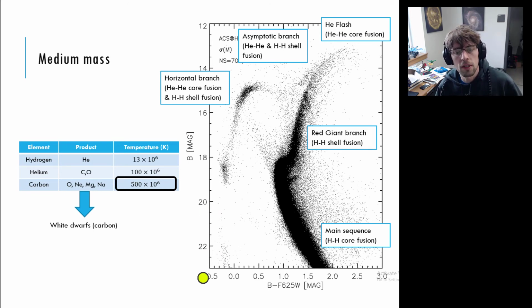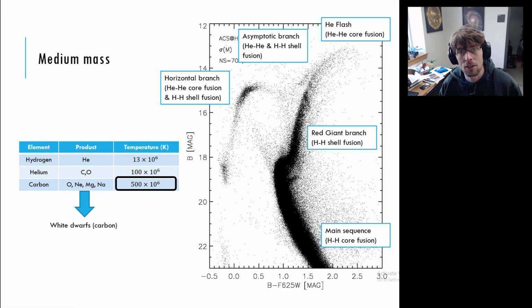And so your white dwarfs end up here. Again, they will take billions of years to cool off, but eventually you'll see them drop even further in luminosity and temperature, okay, until you can't see them anymore. So unfortunately, medium mass stars like our sun aren't able to hit the 500 million Kelvin to fuse carbon.